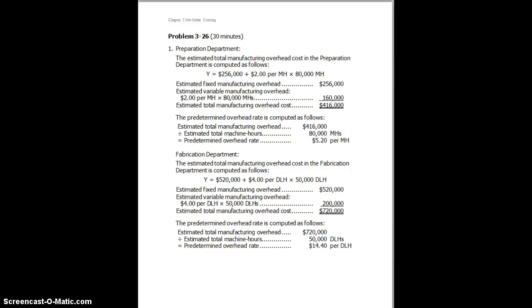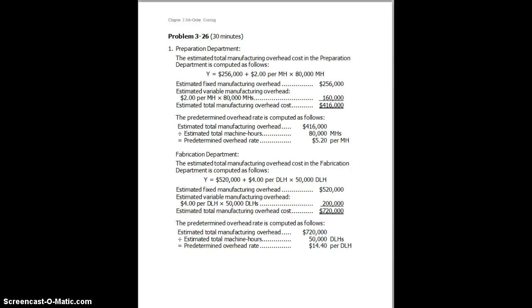That first chart on page 126 gives us some estimates that they expect in the coming year for each of the preparation and fabrication departments. Below that, they talk about job number 127, which was started on April 1 and completed on May 12th. And they give us some actual cost in each of the departments for this particular job 127.